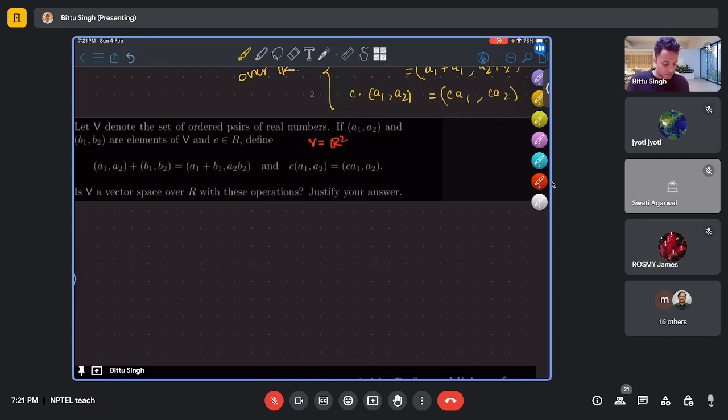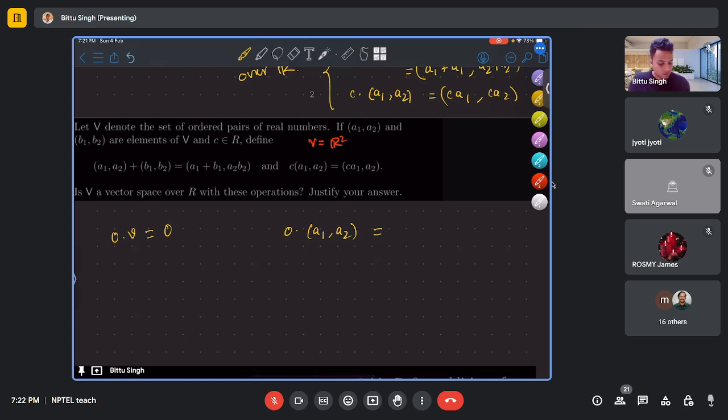Because we have seen in the previous question that 0 times some vector, 0 dot v, is always 0.